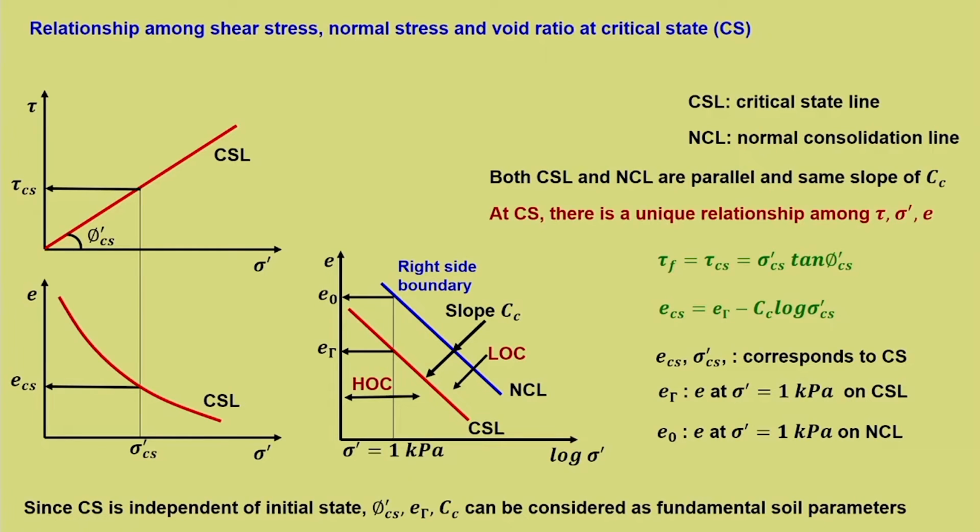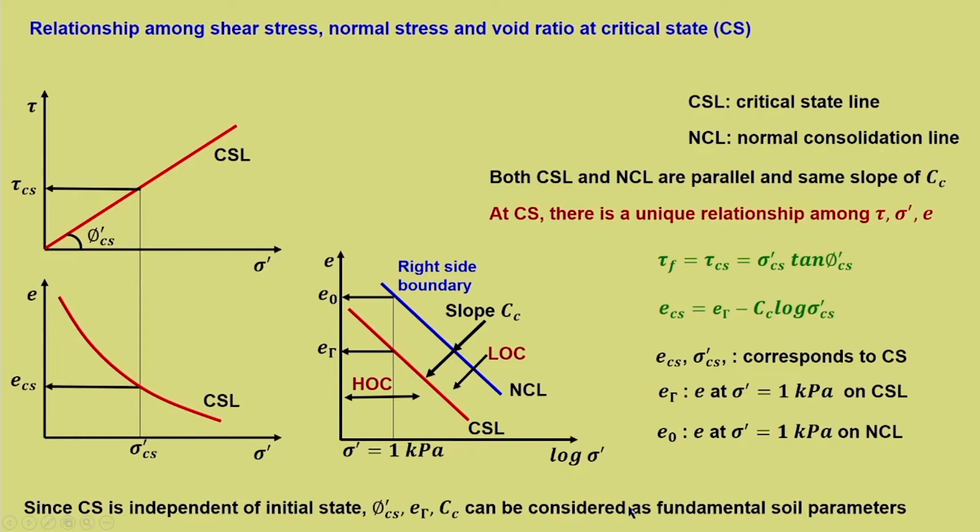This is what we need to understand. So, if we are dealing with the critical state framework in terms of tau, sigma and e, then we need to understand that phi dash CS, e gamma and Cc are considered as fundamental soil parameters, because these parameters are irrespective of the initial condition.